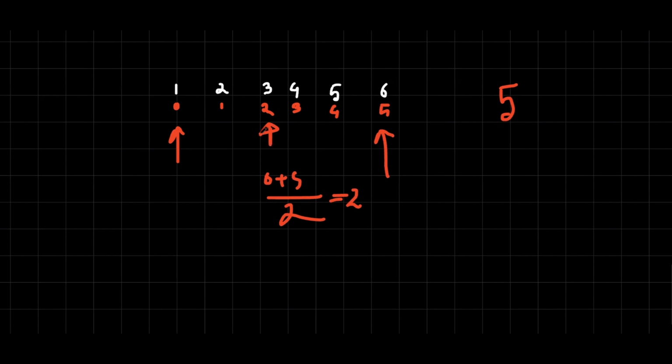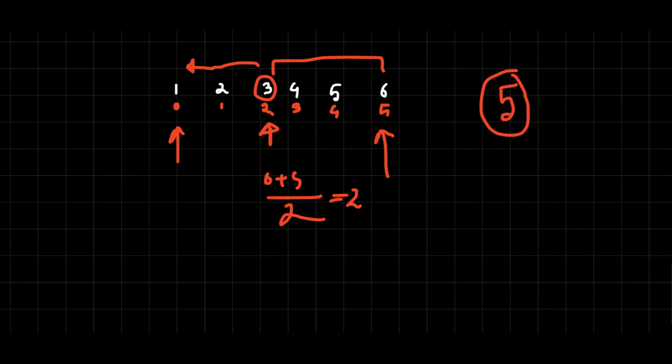Now we have to check whether our target element is greater than the mid value or less than the mid value. Here we can see that 5 is greater than 3. So we can say that the 5 can be found in these positions, because all of the values to the left of the 3 are less than 3.